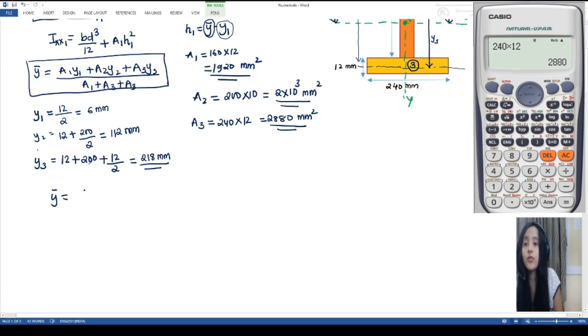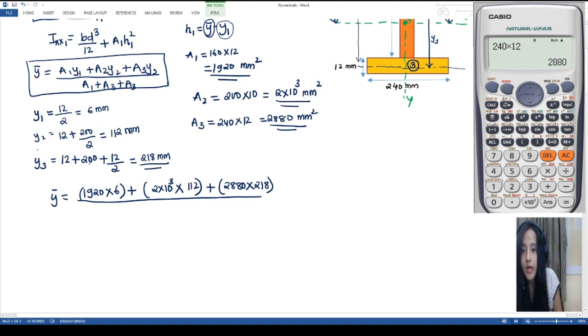Y bar will be equal to, area 1 came out to be 1920 into Y1 is 6 plus area 2 is 2 into 10 raised to power 3 into Y2 is 112 plus area 3 is 2880 into Y3 is 218, divided by the total area.